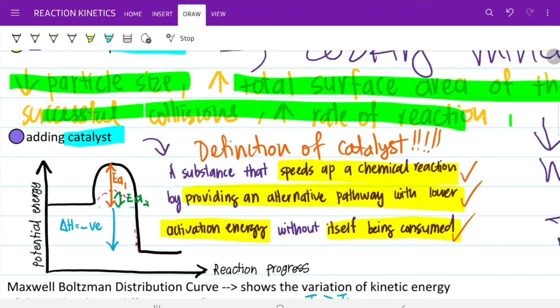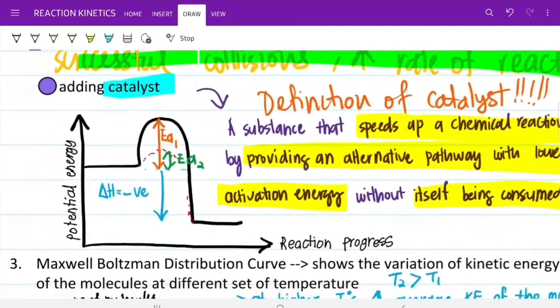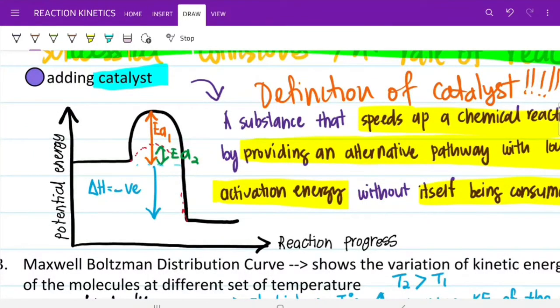Addition of a catalyst will lower the activation energy in your chemical reaction. Activation energy can only be explained by drawing an energy profile diagram. So I have here an energy profile diagram for my exothermic reaction.